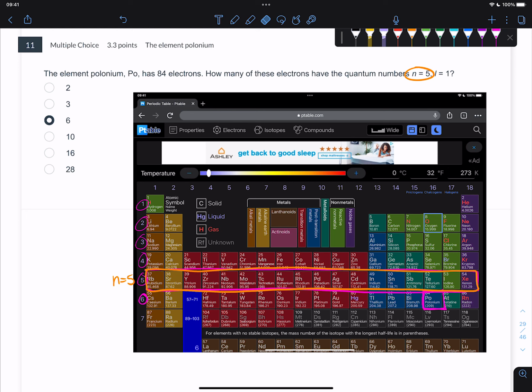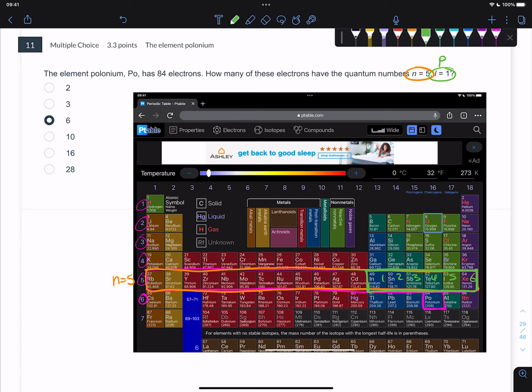Okay. Now that we know that n equals 5, based on the question, we're like, okay, which part of n equals 5? Oh, yeah. The L equals 1 part tells us it's the p block. So that means it's actually this part of it. And you can just count and see that it's 1, 2, 3, 4, 5, 6.